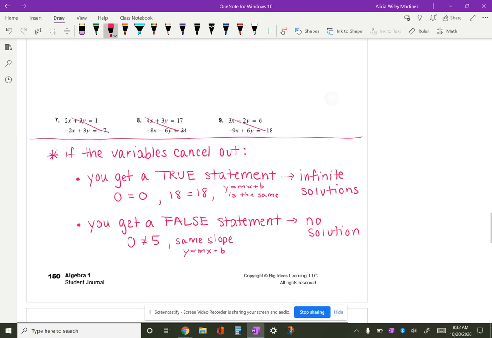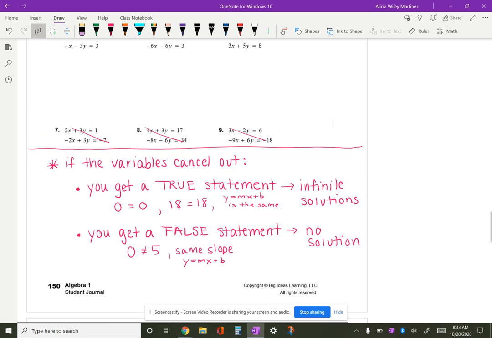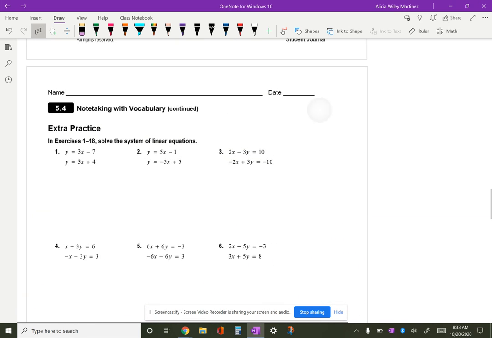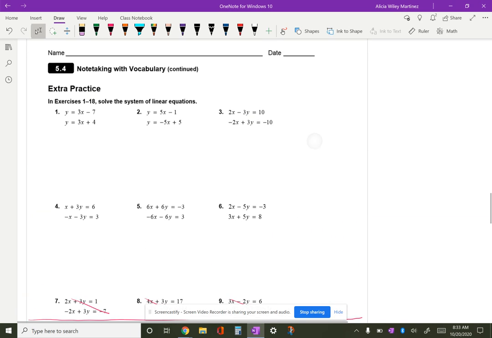But normally I go ahead and I solve it using one of our 3 methods of solving a system, unless, so let's go up to our practice problems on page 150. If I look at number 1, both of those are in y equals mx plus b form.